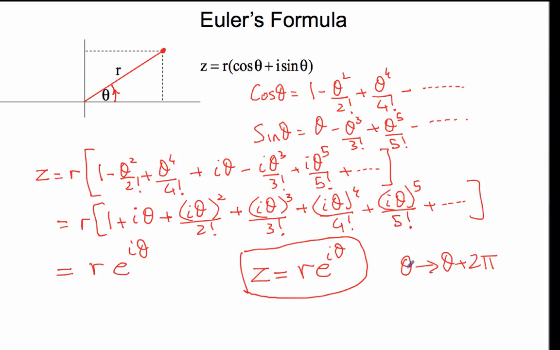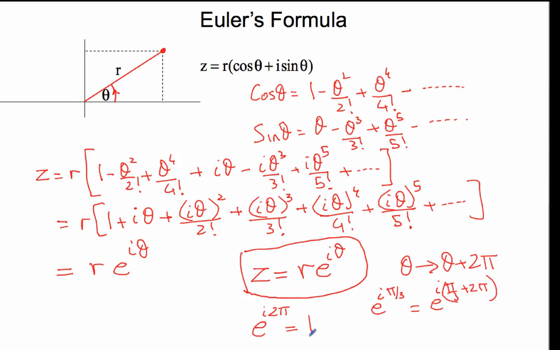And so if I have e to the i pi by 3, or I have e to the i (pi by 3 plus 2 pi), these are exactly the same. That's because e to the i 2 pi is equal to 1.